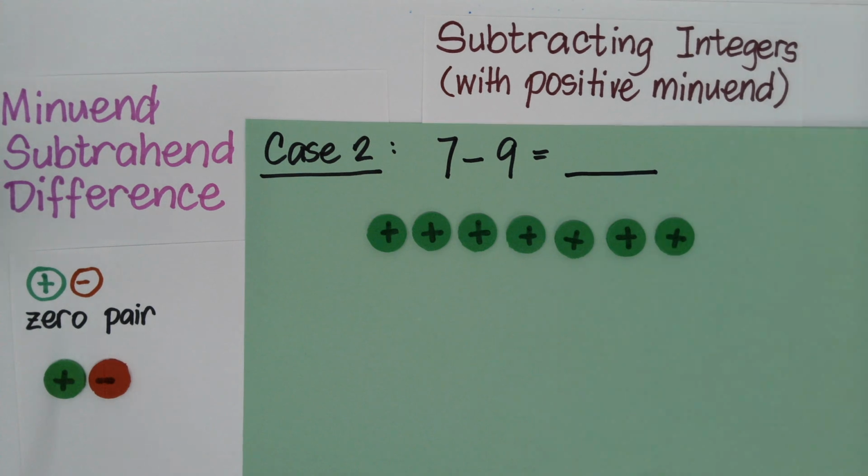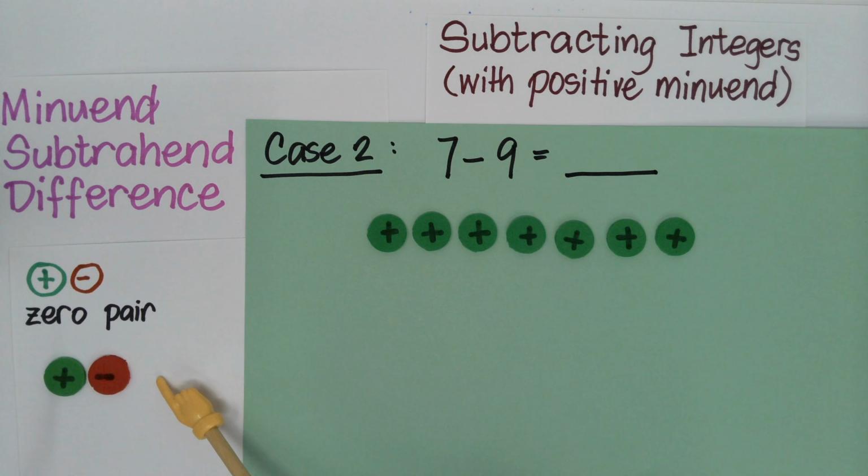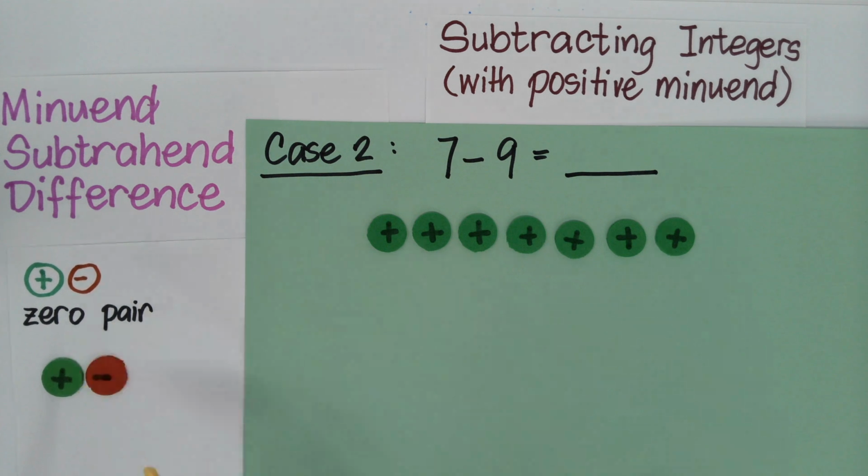So we are going to introduce what we call a zero pair. A zero pair is a pair where the sum of these two discs is equal to 0. That's why it's called a zero pair. So positive 1 and negative 1 sum up to 0.